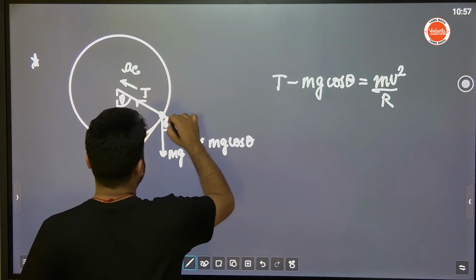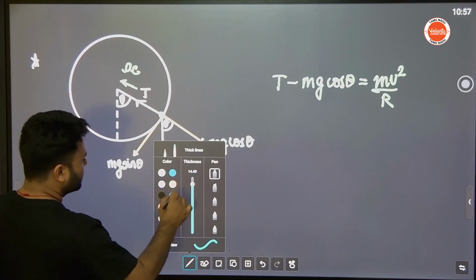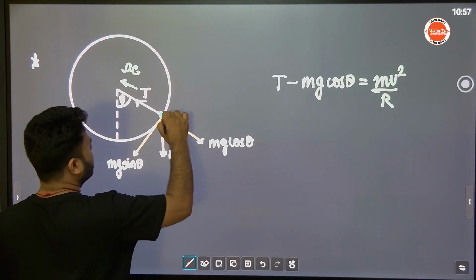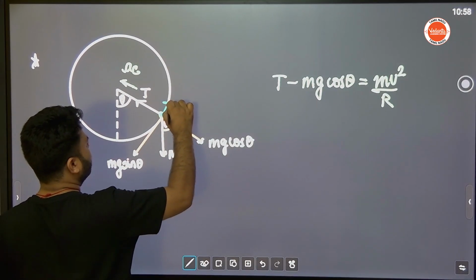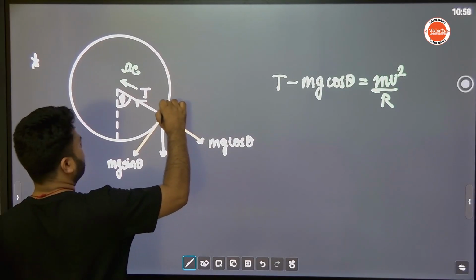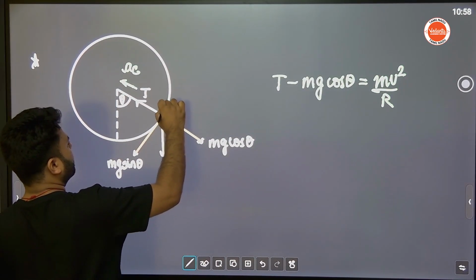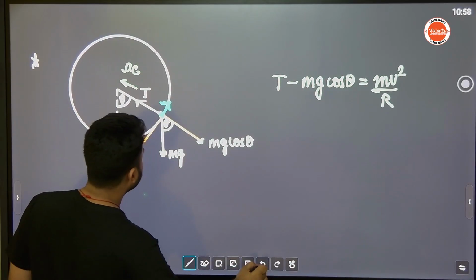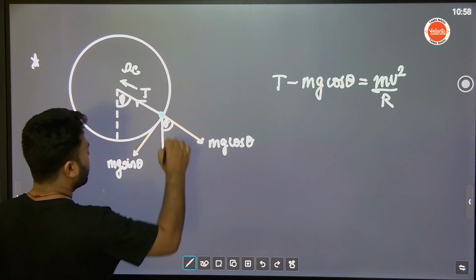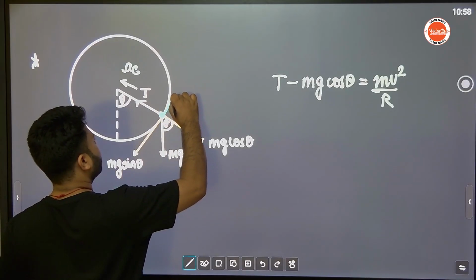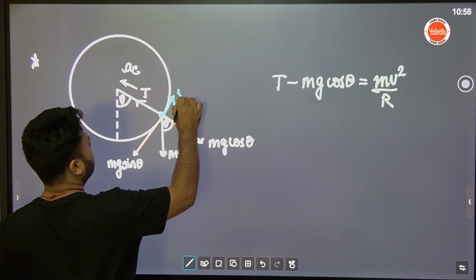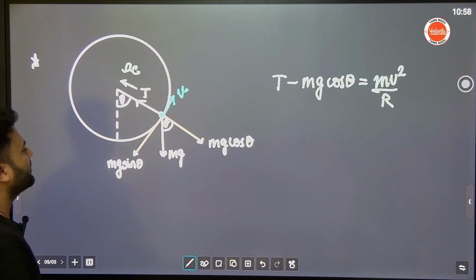What is v? Here the tangential speed of the object is v.